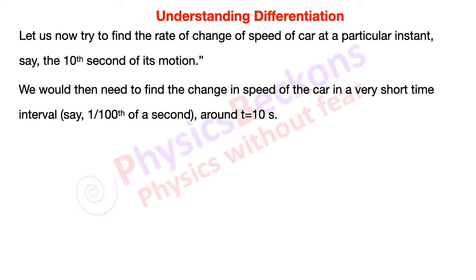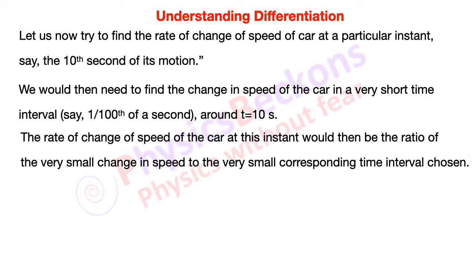For example, 1/100th or 0.01 second around t equal to 10 second. The rate of change of speed of car at that instant would then be the ratio of the very small change in speed to the very small corresponding time interval which we choose.